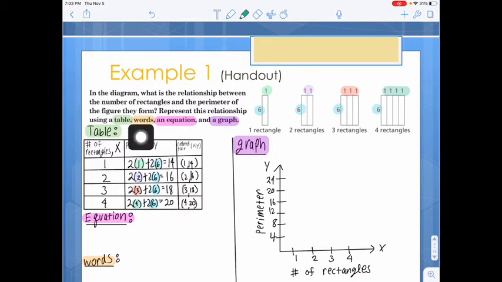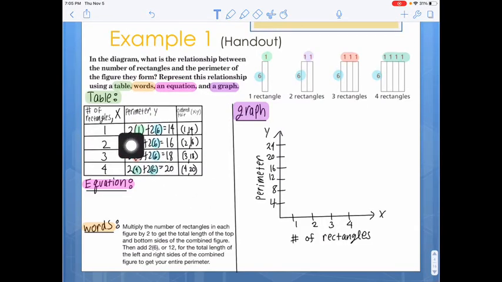Next, we want to describe what's going on in words. I have that down at the bottom. If we look at our table to find a pattern, you'll notice there's always the 2 times 6. The 2 times 6 represents the 2 sides of the combined figures. So we always have 6 on the left and 6 on the right, and then the top and bottom changes. To find the number on the top, we decide, okay, we have 1 rectangle, well, the side length is 1.